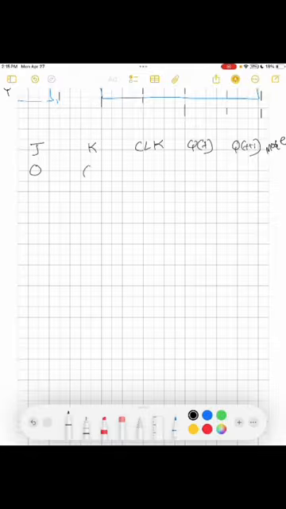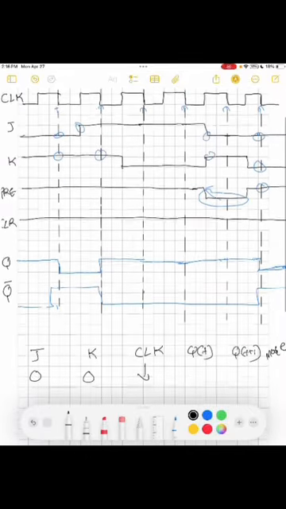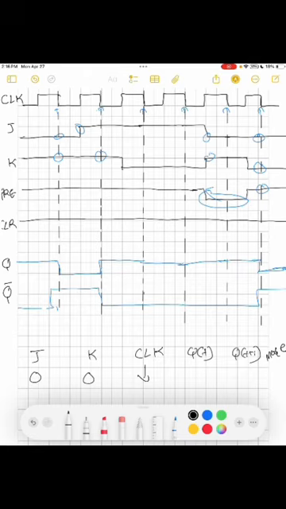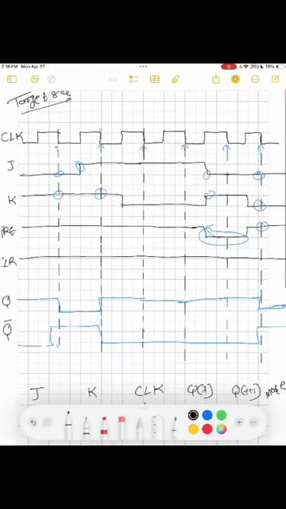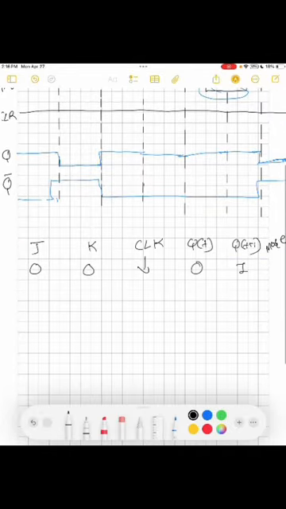When J is 0, K is 0, clock is down, the mode is no change.